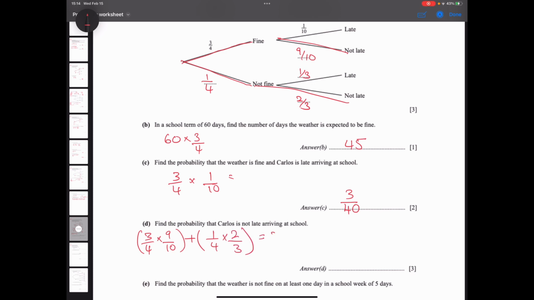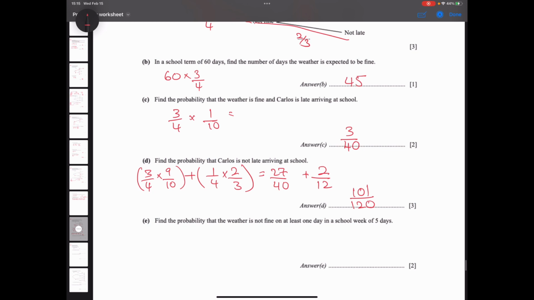That is going to give me 27 over 40 plus 2 over 12. Okay? 27 over 40 plus 2 over 12, 101 over 120.